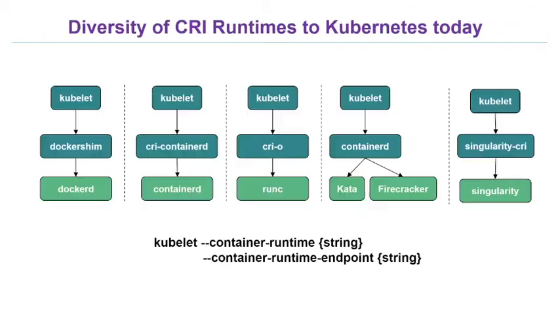Therefore, you see here that the different runtimes are all working with a kubelet. So on top, you see the kubelet overall. So that's the Kubernetes interface. And then underneath it, you have the Dockerd, containerd, runC, Kata, Firecracker, and Singularity. Basically, those runtimes and container engines that Kubernetes can use because of the OCI compliance.